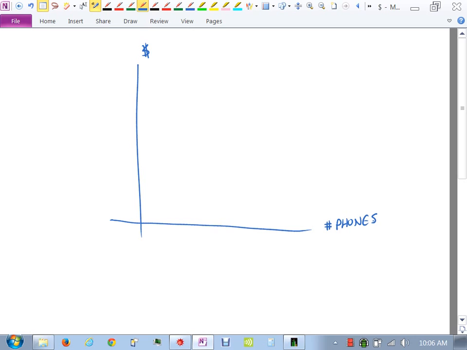They have to pay the people who make them, they have to pay for materials, everything else. So you have a cost, what we call a cost function. And let's say the cost function looks like this. I'll just call it C. So the more phones they make, the more it's going to cost. And then they have what's called the profit. The more phones they sell, the more money they make. So maybe their profit looks like this.